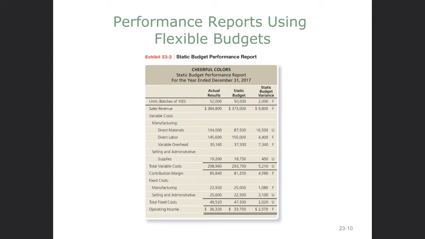So that's going to be favorable because we're talking about revenue. Our revenue was higher. We made more money. It's favorable. And then the difference between the actual revenue and the static budgeted revenue, that's going to be our static budget variance. So $384,800 minus $375,000 equals $9,800.